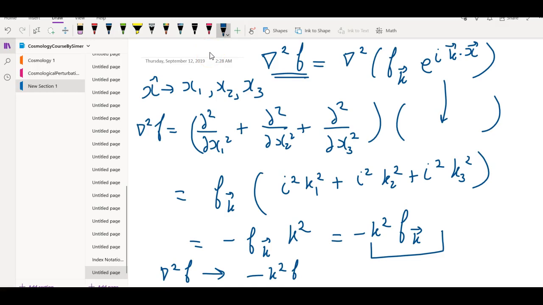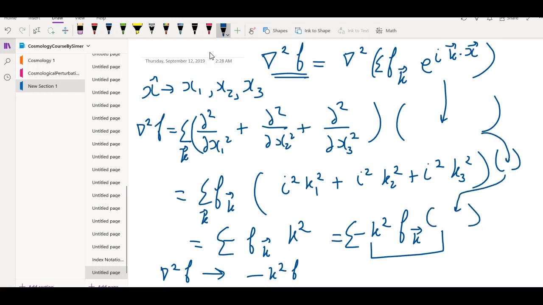There was a sigma sign here, sum over k, and this will continue here, e to the power i k dot x.